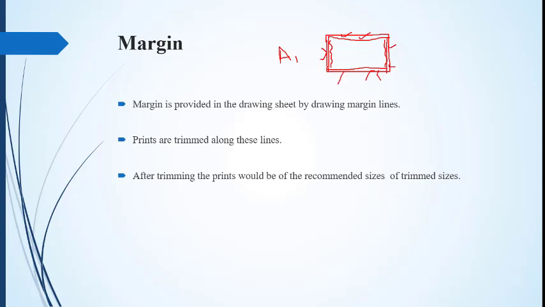Trimming means to cut out these areas. So these are the margin, and the line provided here is the margin line. Up to the last extent of the printable area is known as margin, and this margin is provided by drawing the margin lines. So this is the margin.